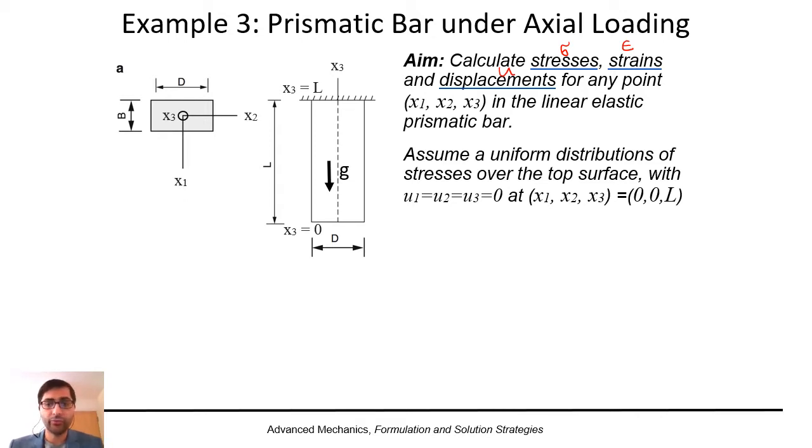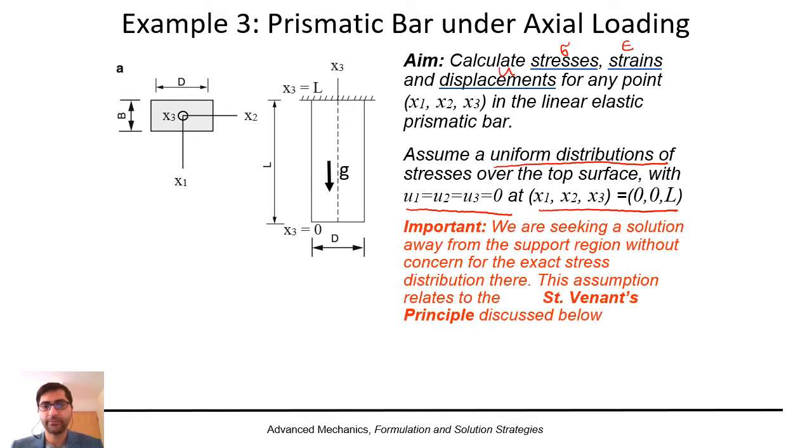We assume a uniform distribution of a stress over the top surface, but the displacement is 0 at this point. So we have two assumptions: uniform distribution of a stress and fixed displacement at the top part.